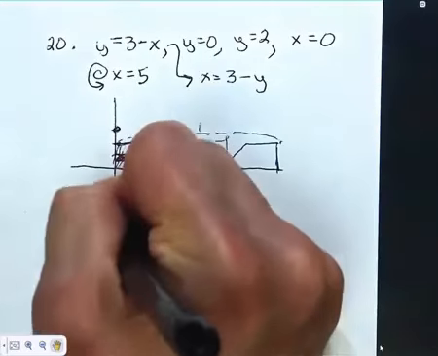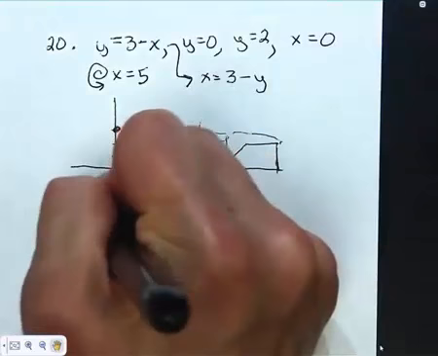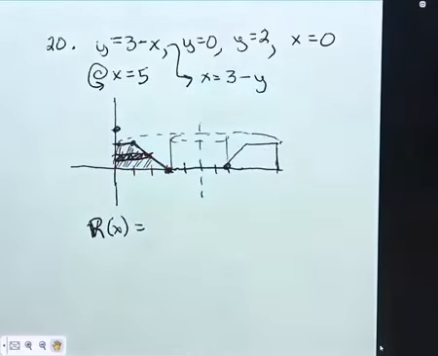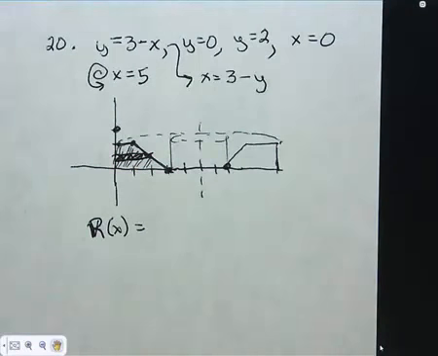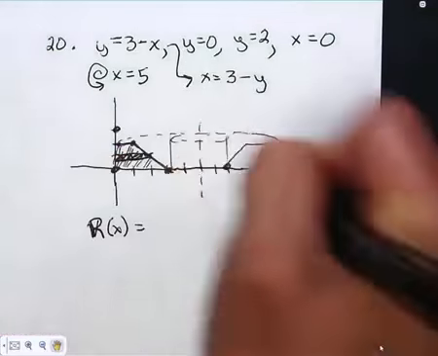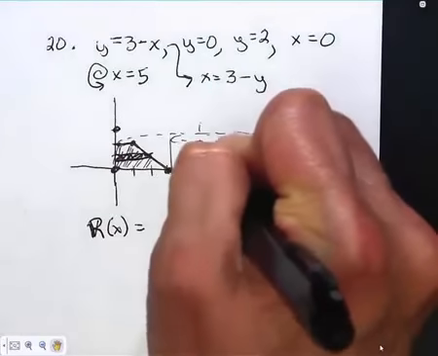And so my integral, it's helpful to write down the outer and inner radii first. What's the outer radius? From right here to right here is 5.